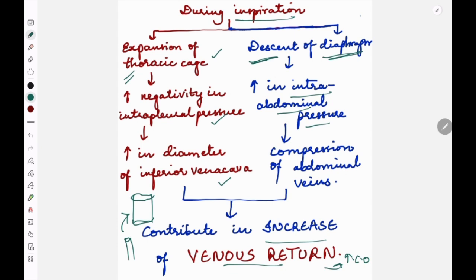In the abdomen there are various vessels, arteries and veins. Whenever the veins are compressed, there is increase in venous pressure, and that will contribute to increased venous return. So this is how the respiratory pump comes into action.